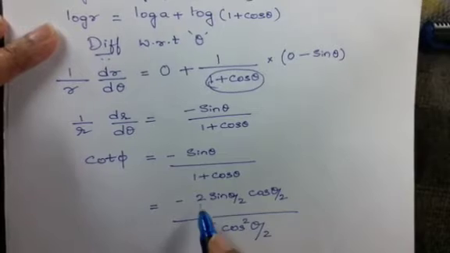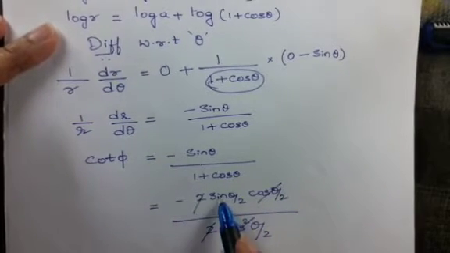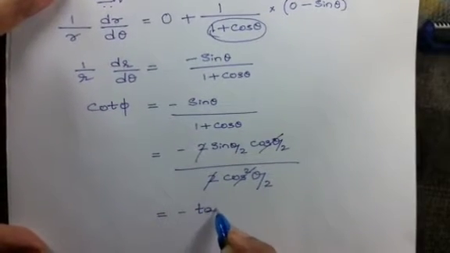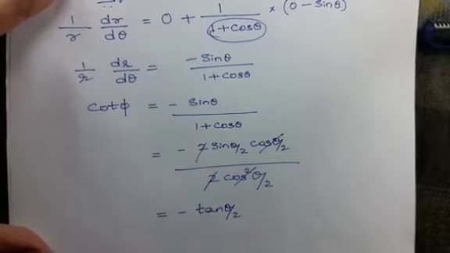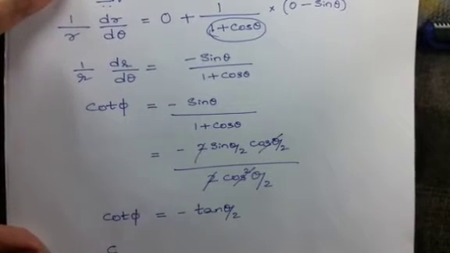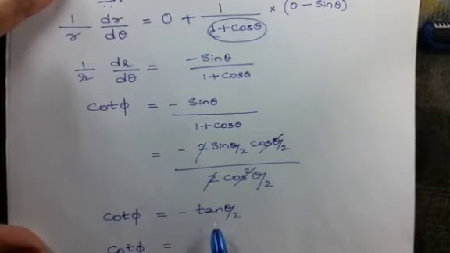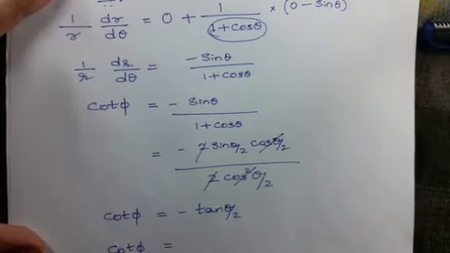I will cancel the 2, and one cos theta by 2 goes. So you will have sin by cos, and sin by cos is tan theta by 2. This is equal to cot phi. So cot phi is equal to minus tan theta by 2. If you express minus tan theta by 2 in terms of cot, I can find phi easily, right?